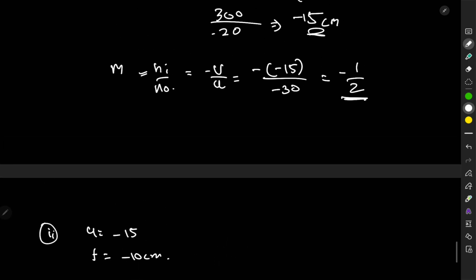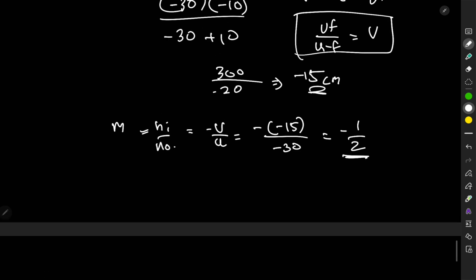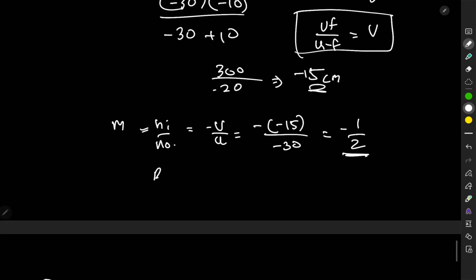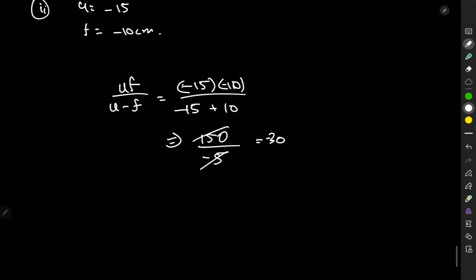So I've got a magnification as minus, so can I tell that it is going to be a real image, inverted image, small size, because if it's less than 1 itself, it's small size, between f and c. So similarly, how will you tell real?